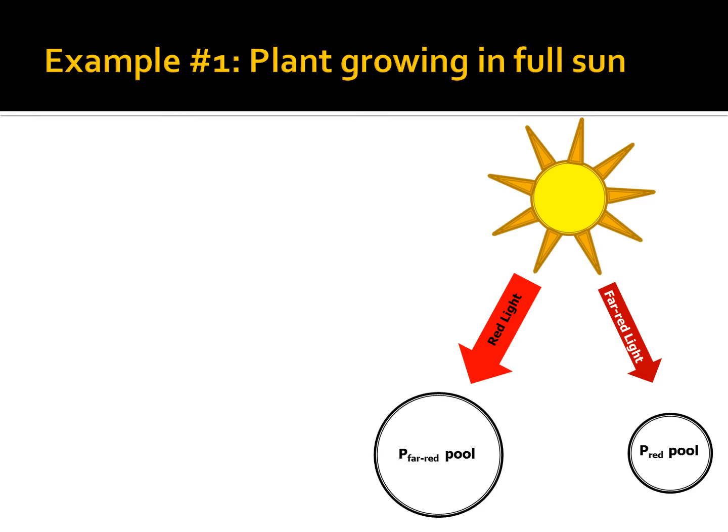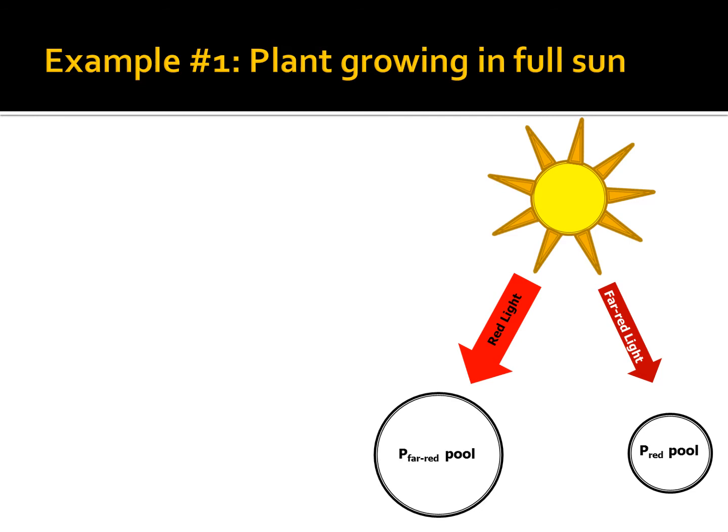And I've tried to illustrate the sizes of those pools by drawing different size circles. So the bigger circle refers to the bigger pool, the smaller circle refers to the smaller pool. And remember, pool just relates back to the relative concentration or amount of phytochrome far red in the cells of a leaf versus phytochrome red.